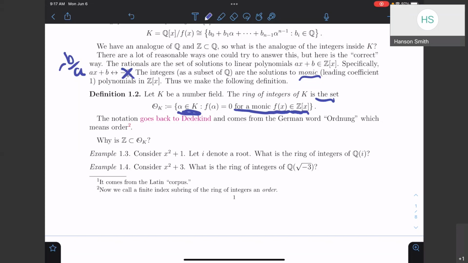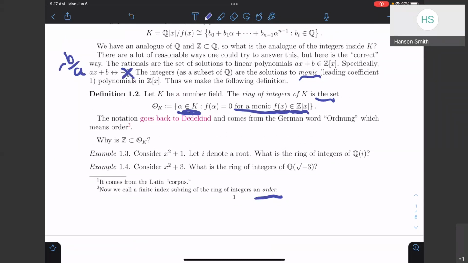I like to denote them with this curly O sub K. That notation goes all the way back to Dedekind, who is one of the people who built algebraic number theory. It comes from the German word Ordnung, which means order. Today this is a little confusing because we call orders any finite index subring of the ring of integers, and we'll explore some examples where we have a nice subring that's not the full ring of integers.